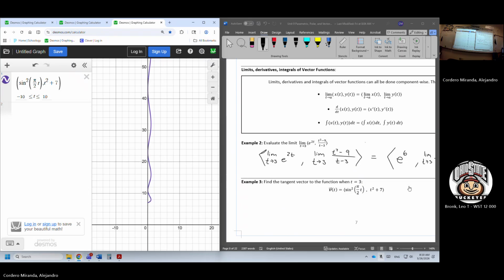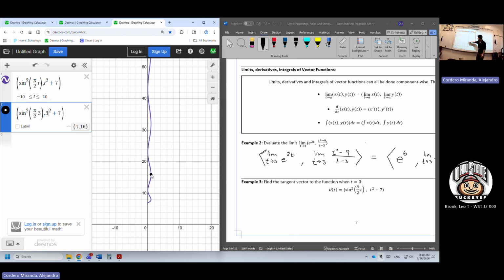But what this is asking for is that when time is 3, so at this point right here, at whatever point comes out, get the vector that is tangent to it, as in get the line that goes like this. Get the tangent line on the function.